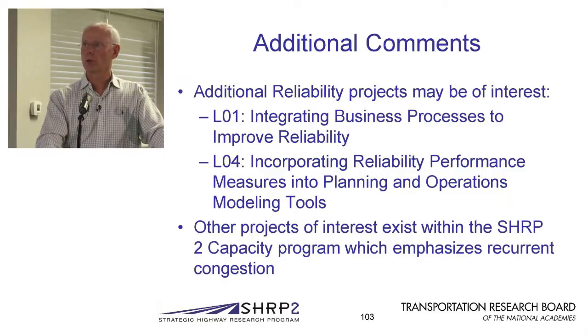The LO4 report looks at incorporating reliability measures into the planning process so that TSM&O can be dealt with more fairly, if you will, within the planning process. And there may be other things that have emerged from the SHARP 2 program, not only in the reliability aspect of the program, but in some of the other aspects as well that may be of interest.